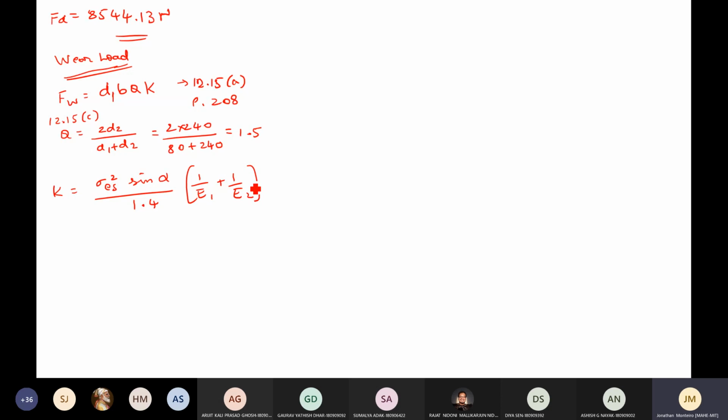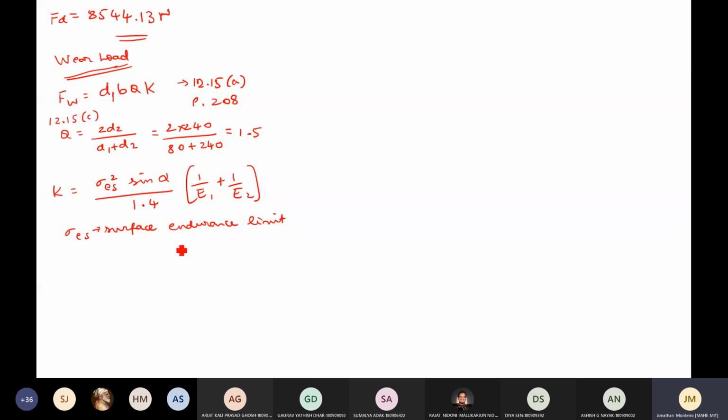Either you can take the load stress factor, or you can use, okay, let me go through the subcomponents again. What is sigma ES? Surface endurance strength, or limit, also called surface endurance limit.